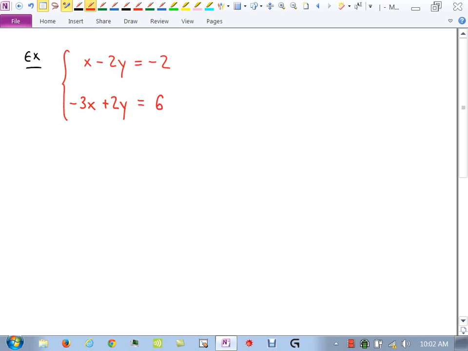Now, the instructions here are to solve by graphing. Solve by graphing.